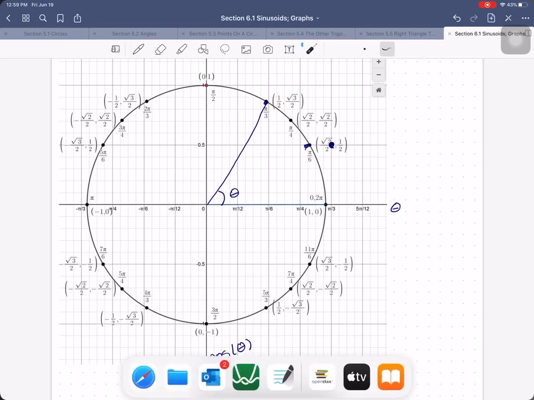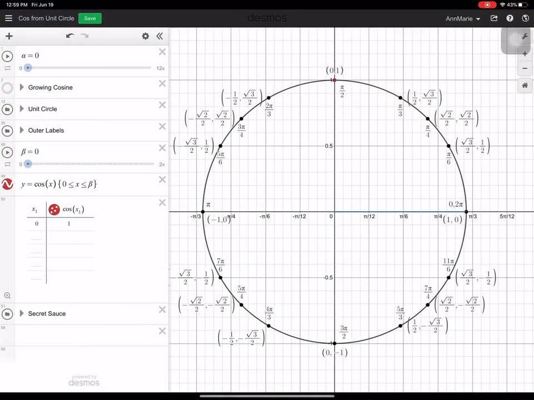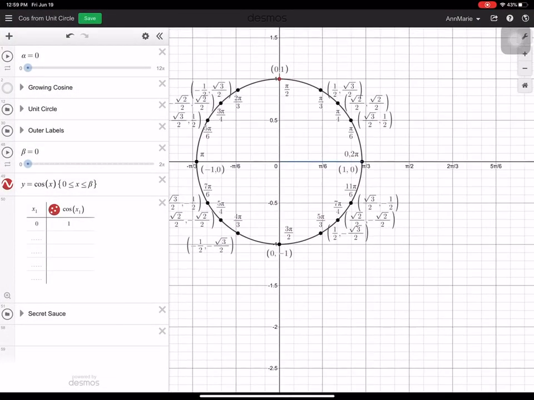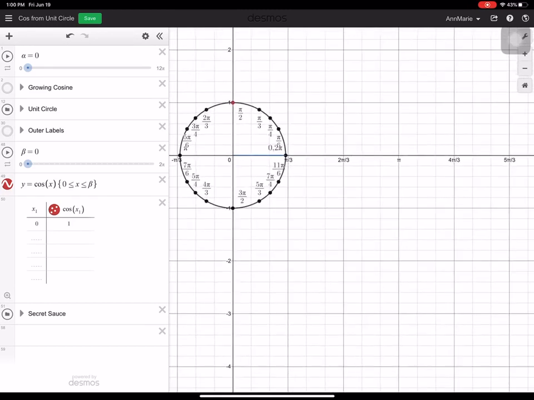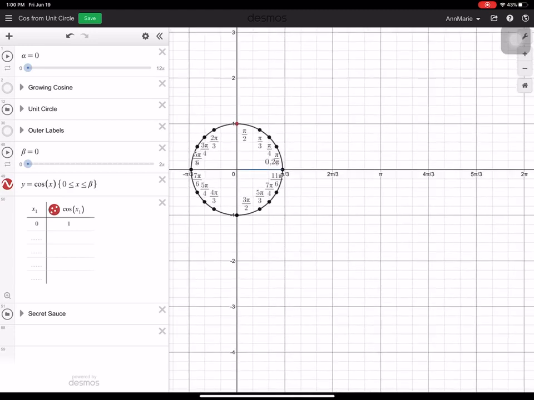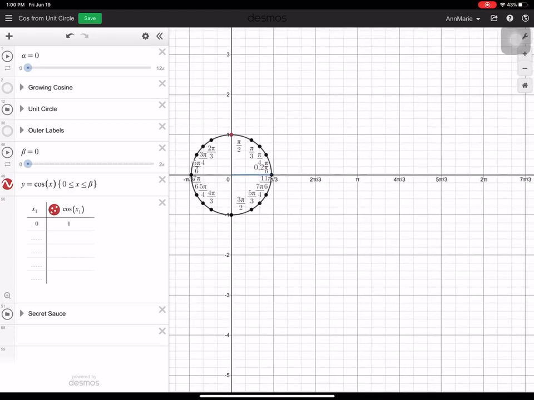So let's take a look at what happens here. I'm going to shrink down my unit circle a little bit, and take off those outer labels just to make life a little simpler. Okay, all right.